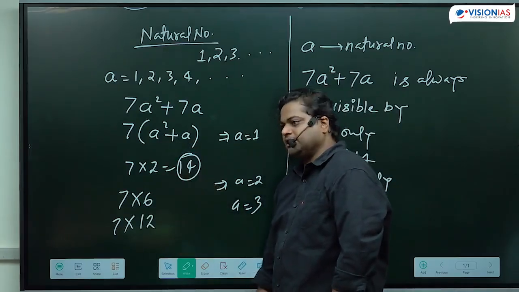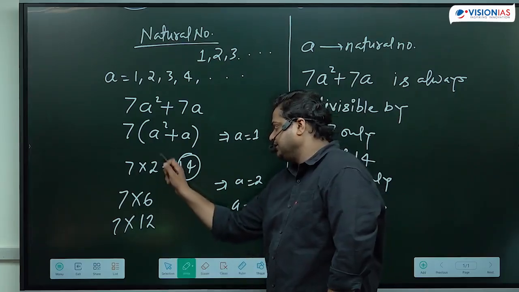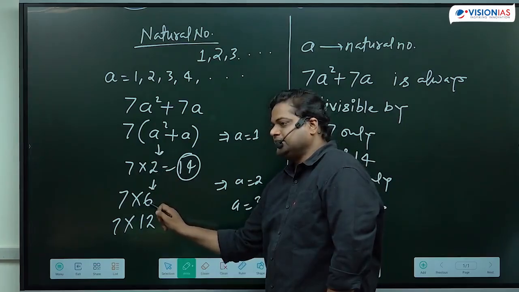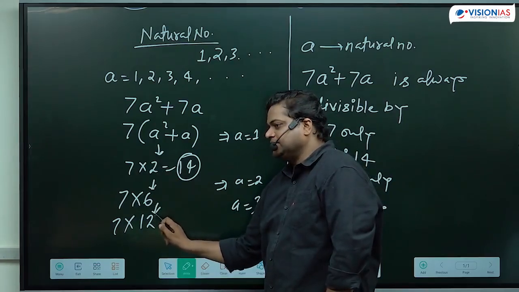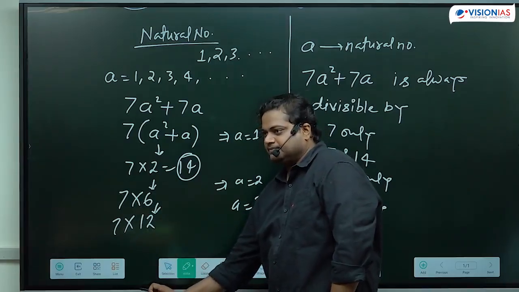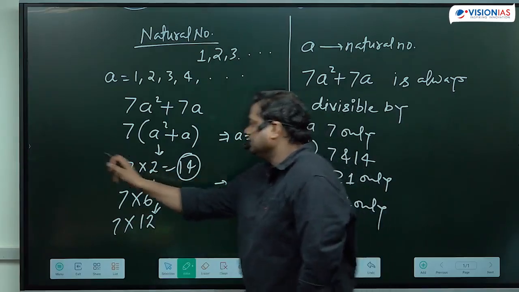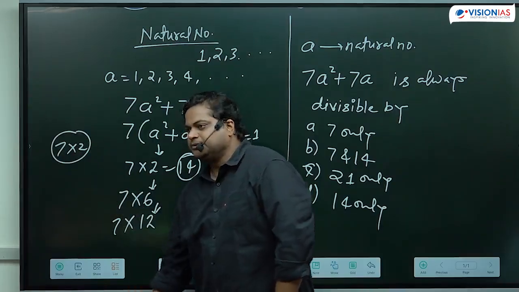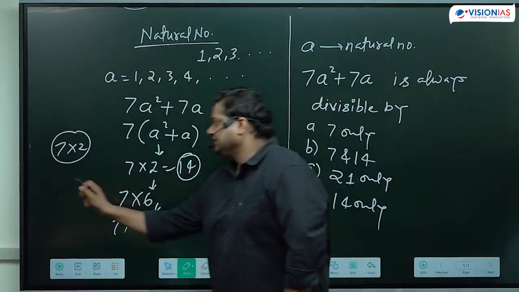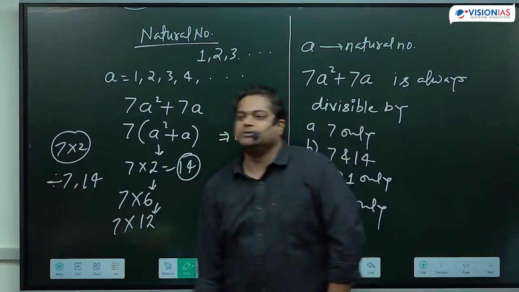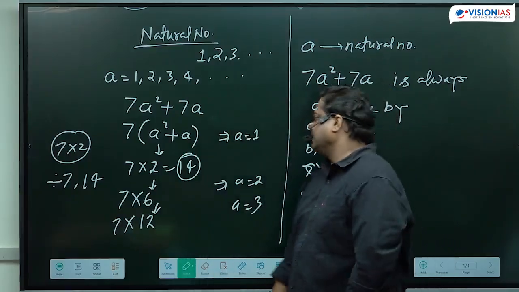So this way we are going to get number, and this way we can see कि everywhere we are going to get even numbers. That means 7 into 2, ये तो सारे numbers में होगा ही होगा. That means we can say it is divisible by 7 also and 14 also. 7 and 14.